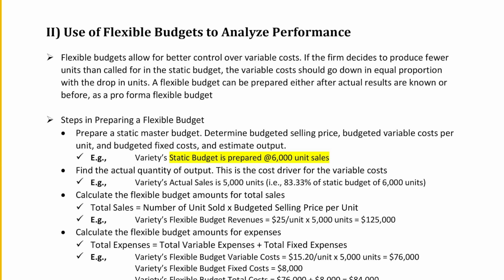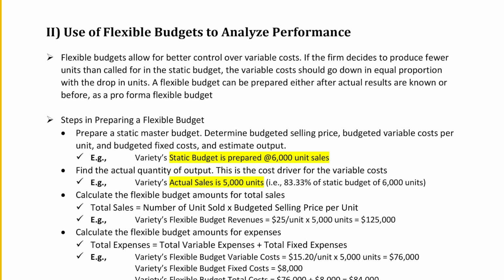As actual output increases, variable cost would increase. In this example, actual sales is 5,000 units, which is 83.33% of the static budget of 6,000 units.